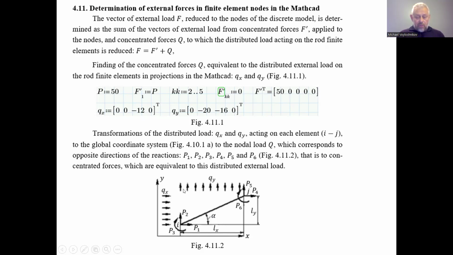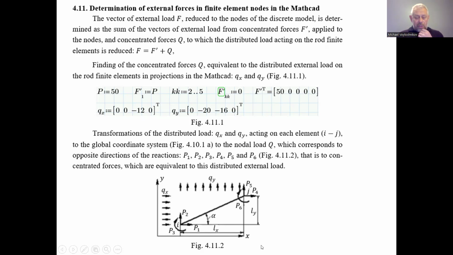So if we have distributed load directed upward, we have the positive direction, and it coincides with the direction of the ordinate axis, and if we have the distributed load applied rightward, we have the positive direction, because the direction coincides with the direction of the abscissa axis. This is on figure 4.11.2.